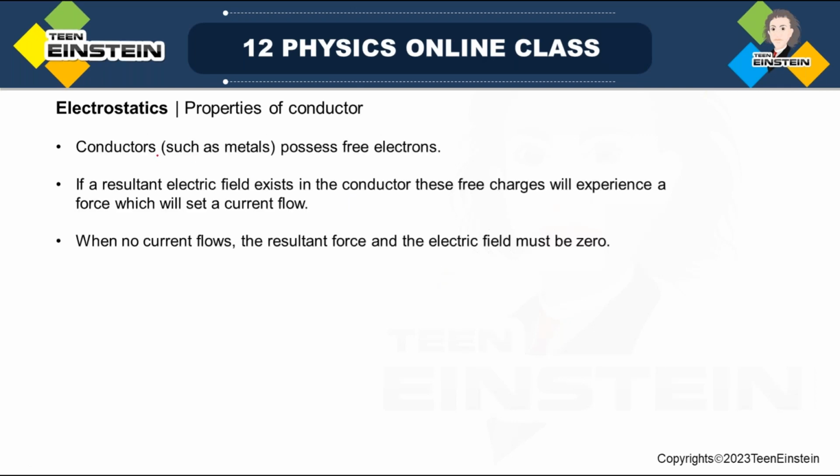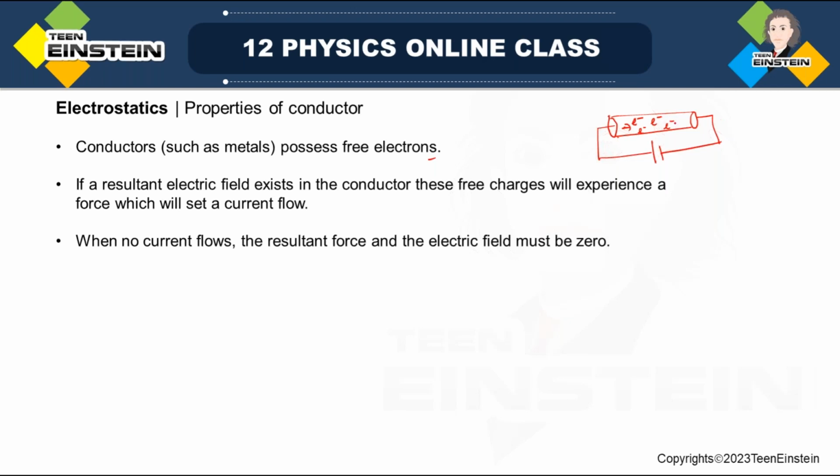See, you know conductors, such as metals, possess free electrons, right? So conductors generally have free electrons. And if there is a potential difference or electric field inside, then these charges will experience forces.